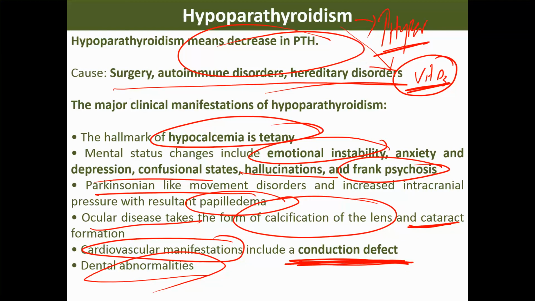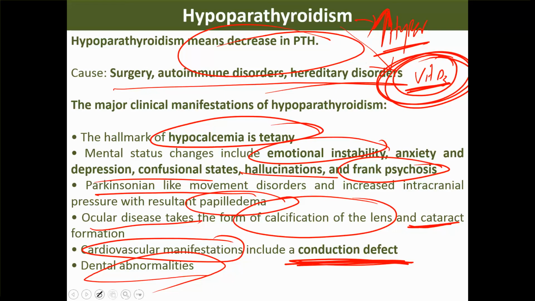But if there is a severe form of vitamin D3 deficiency, like nutritional deficiencies, then it will produce severe hypophosphatemia. Understand? So severe hypophosphatemia is seen in vitamin D deficiency like rickets.